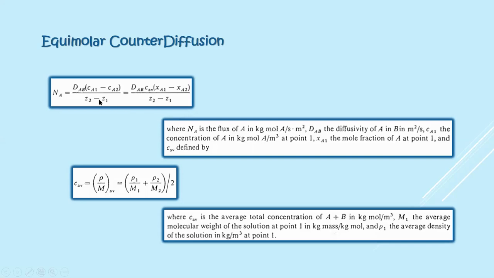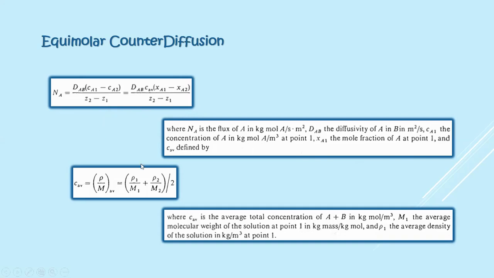And again, you have the appearance of the molar diffusivity of A and B in meter squared per second, and you have the concentration of A at point 1, which is C_A1, in kilomole per cubic meter, and you have the mole fraction also appearing in the formula in the second part here of A at point 1 as x_A1. So if it's at point 2, then that would be x_A2.